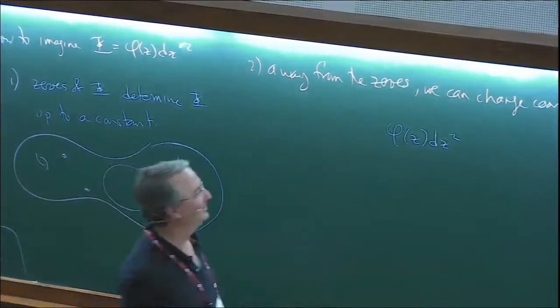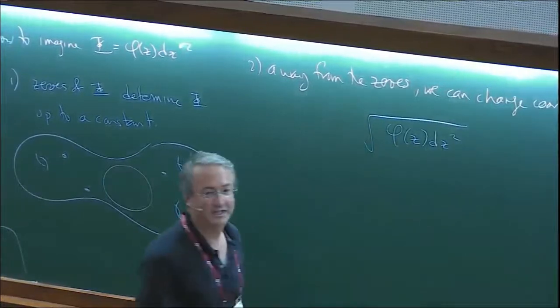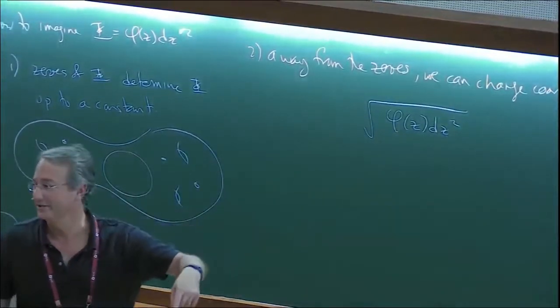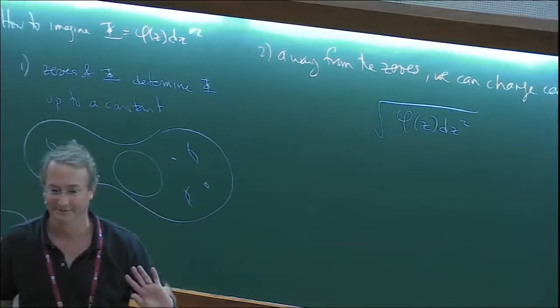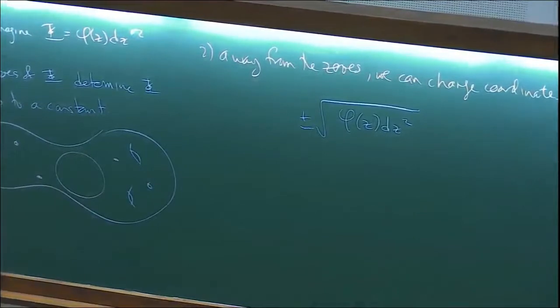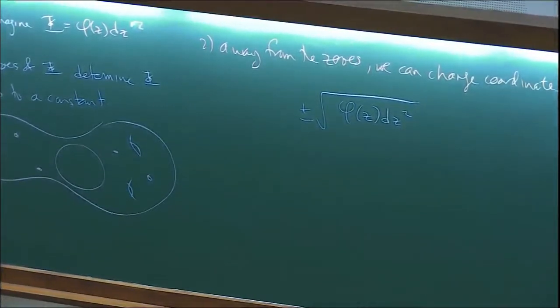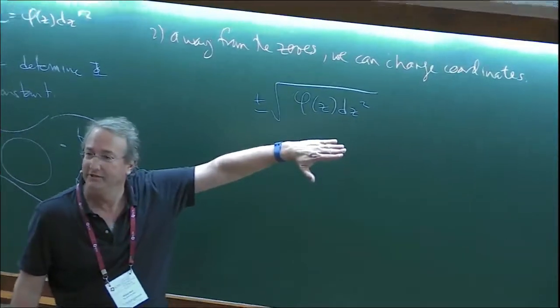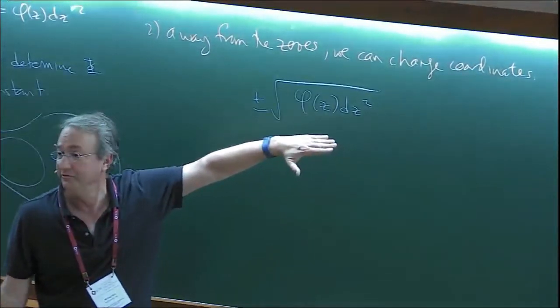That's its local expression. Away from the zeros, I can take a square root of it. I don't have a problem with branching because there's nothing to branch around. The square root is determined up to a plus or minus. This is now a locally defined holomorphic one form.